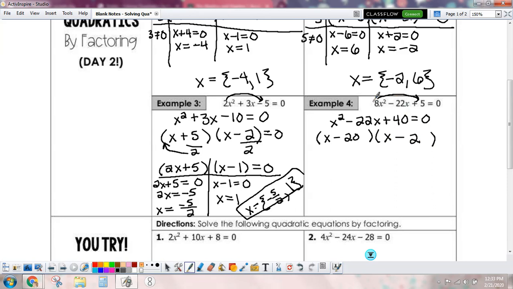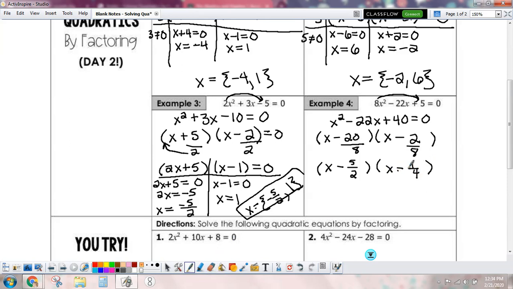But can't forget, now that we have this, we got to divide so we can slide. Divide, divide, slide, slide. Remember though, we want to simplify these. So 20 over 8 can simplify into 5 over 2, and then this simplifies to 1/4.